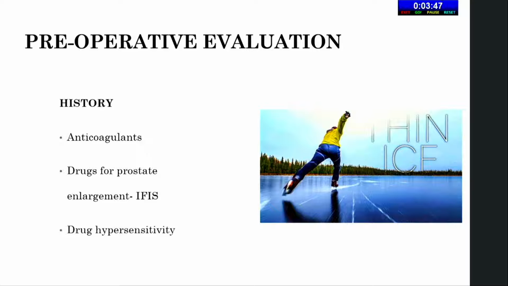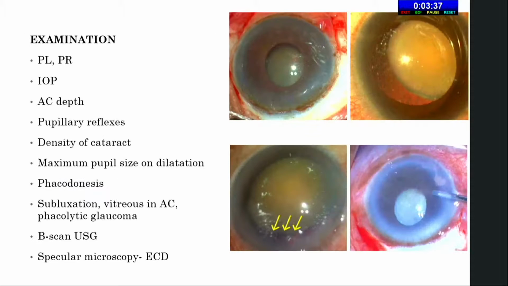A thorough history should be taken, like a history of anticoagulants and history of use of drugs like tamsulosin, to prevent floppy iris intraoperatively. All this makes the surgery even more difficult.